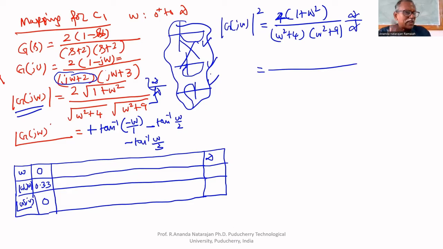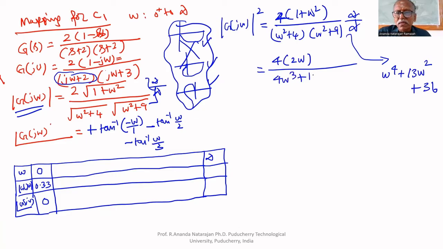That's why differentiate the numerator and denominator with respect to omega. Before that, we have to convert this into a polynomial, that is omega power 4 plus 13 omega square plus 36. If you differentiate this, what will you get? 4 multiplied by 2 omega in the numerator. Here you will get 4 omega cube plus 26 omega plus 0. Again, infinity by infinity form.